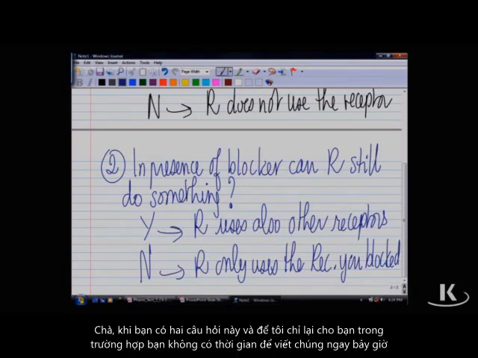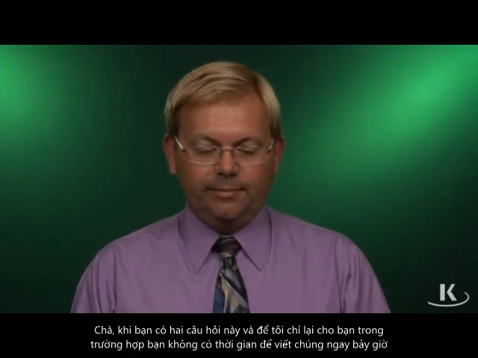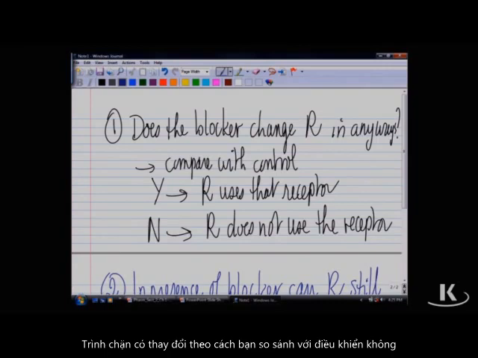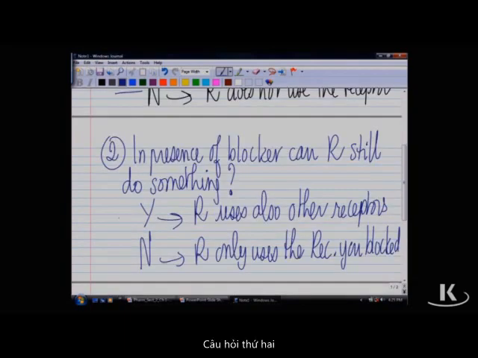Well, once you have these two questions, let me show them back to you in case you didn't have time to write them. First question, does the blocker change drug R in any way? You compare with the control. If your answer is yes, the drug uses that receptor. If your answer is no, the drug doesn't use the receptor. Second question, in presence of the blocker, can drug R still do something?